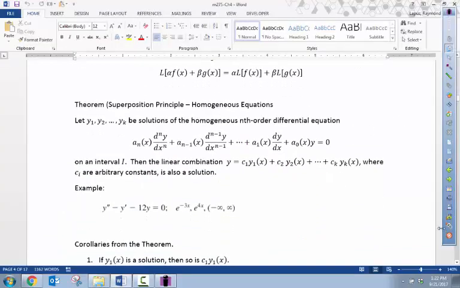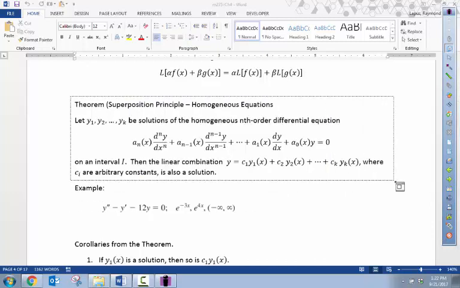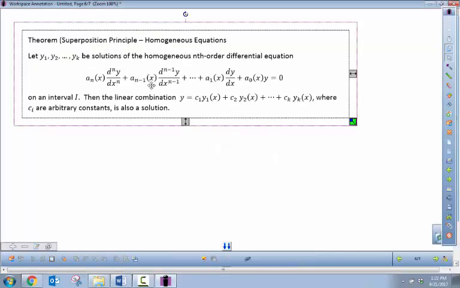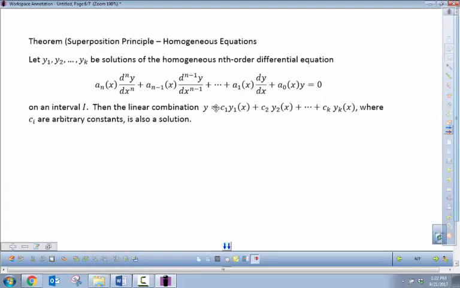All right, the superposition principle is a principle that we will be using a lot in this chapter. Let's take a look at this. You have an nth degree, or nth order, differential equation. That means it has n derivatives. And you know k solutions.